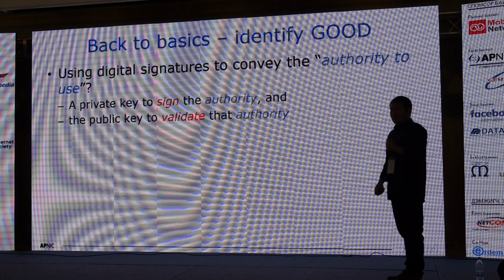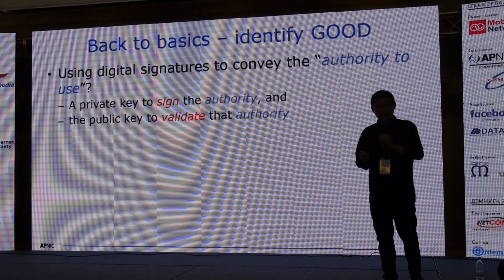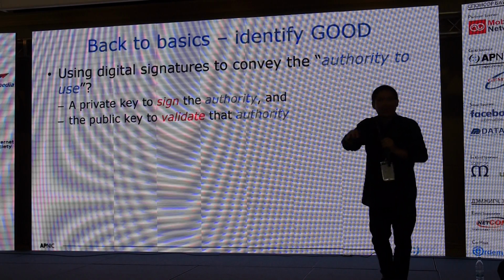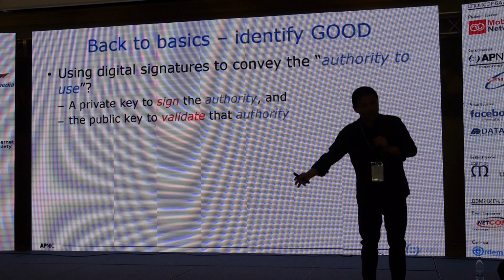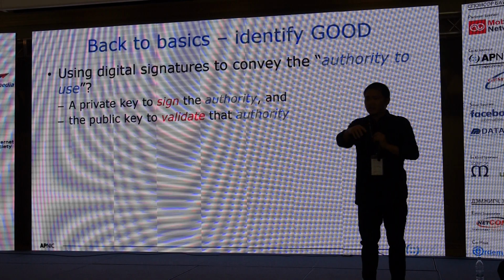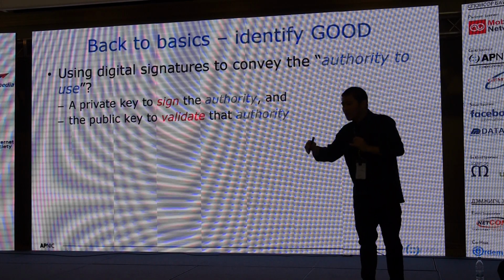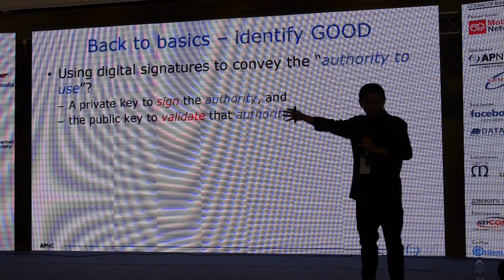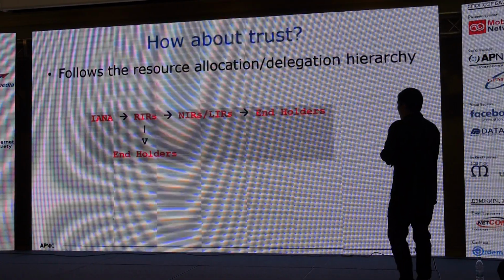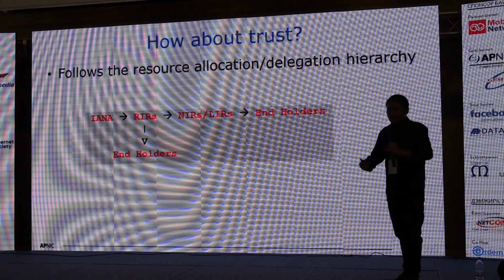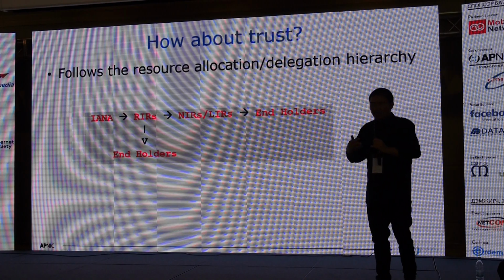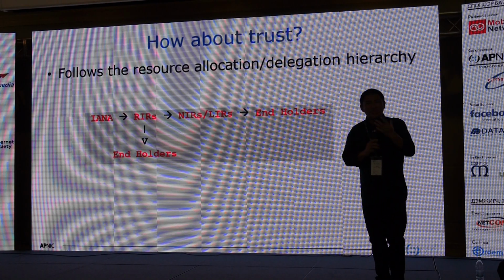So the idea is we'll again use public key cryptography, right? I'll use my private key to sign that authority, it's a digital signature, right? Whoever receives that route can now verify that authority using the chain of trust, right? Let's have a look at how that works. But the problem with anything associated with digital signatures is you need a chain of trust.